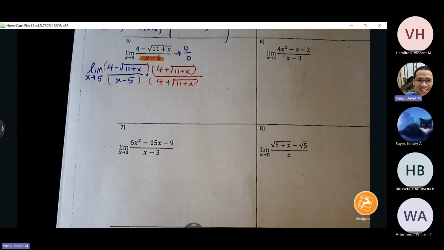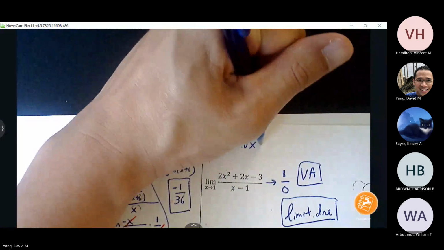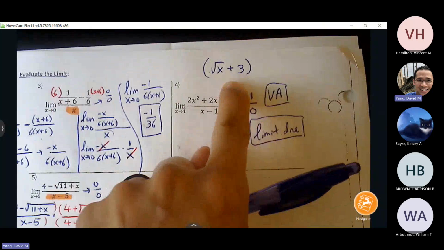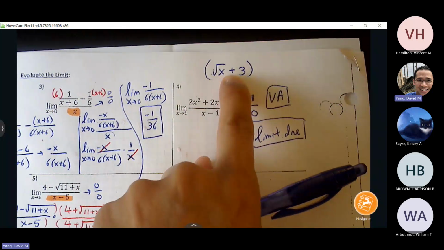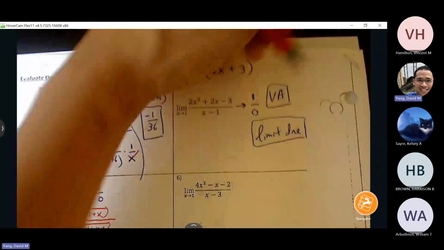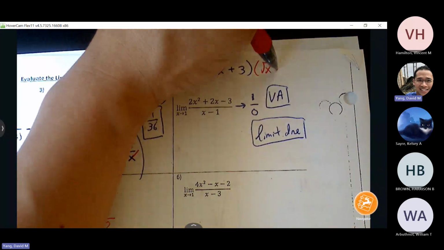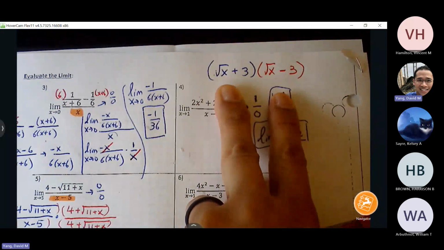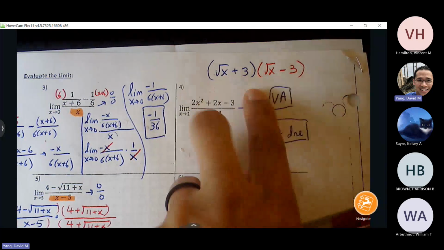A conjugate is a pair that looks almost like the original term, except the sign in between changes. So the conjugate of root x plus 3 will simply be root x minus 3. It doesn't matter, right?